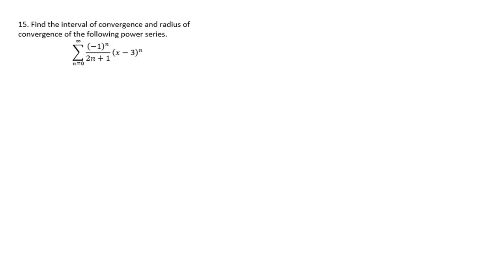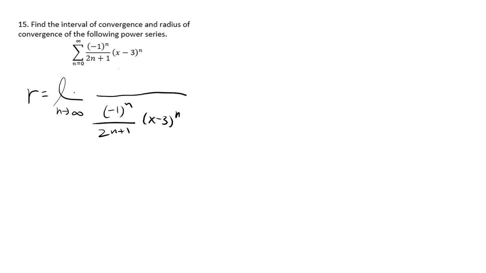Okay, find the interval of convergence and radius of convergence of the following series. Always start with the ratio test. So you have negative 1 to the n, 2n plus 1, x minus 3. Just copy this in the denominator and then you raise this by 1, and then x minus 3 to the n plus 1.